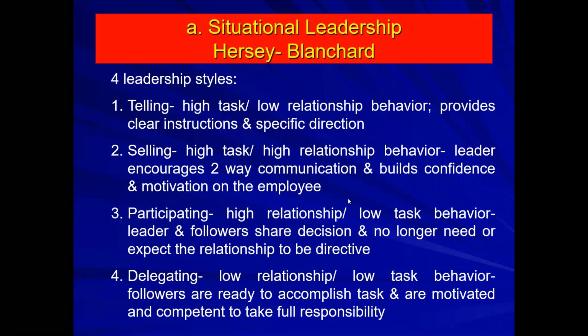So, participating means there is a high relationship but very low task behavior. Okay. So, leader and followers share decision and no longer need or expect the relationship to be directive.